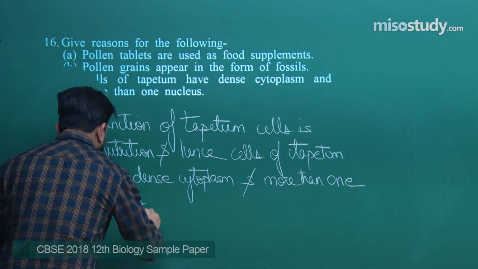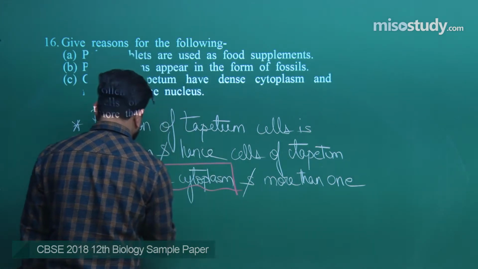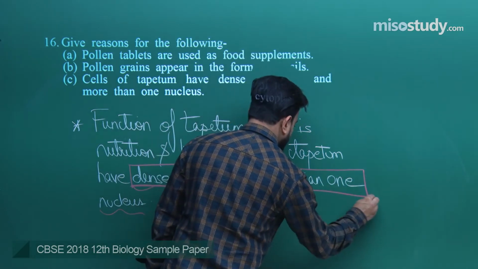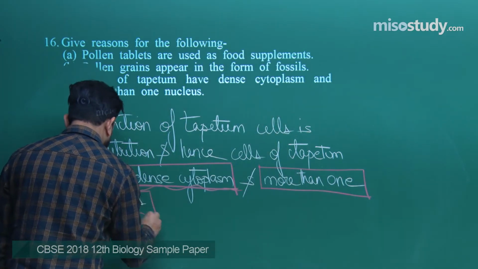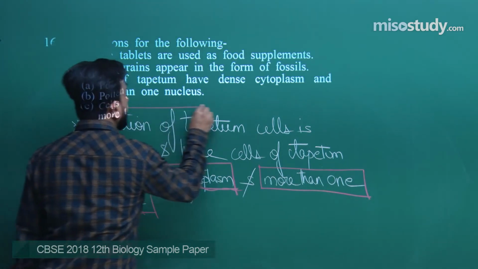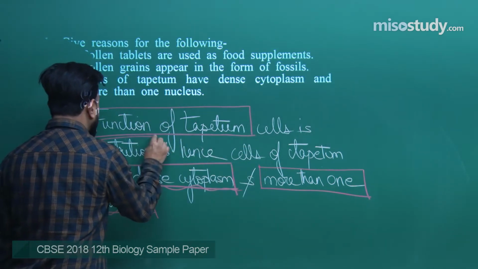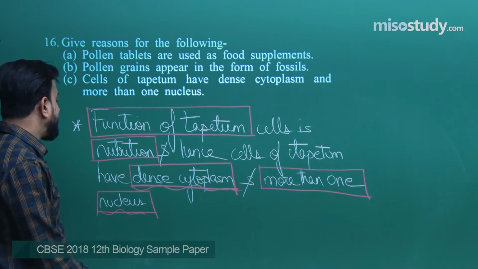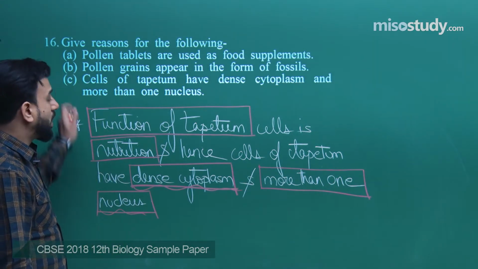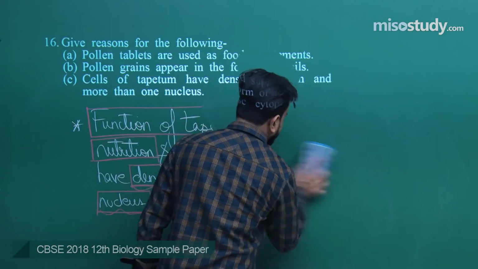So the function of tapetum cells is nutrition, and hence cells of tapetum have dense cytoplasm and more than one nucleus, and hence we are done with the 3 questions of question number 16.